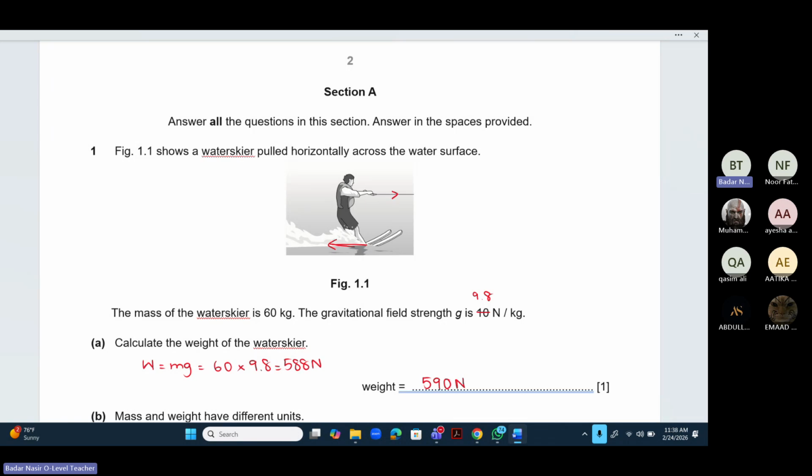We call it frictional force with the water, or a drag force. Drag force is present in liquids. So this is a drag force acting in the backward direction, and we have tension in the wire or cable which is pulling the water skier in the forward direction.